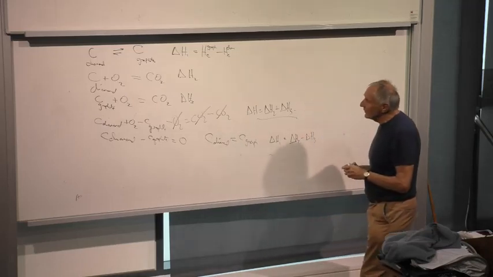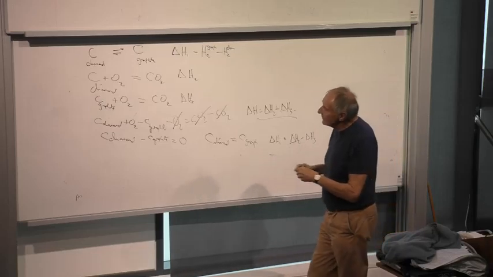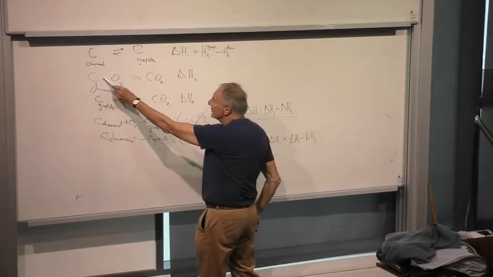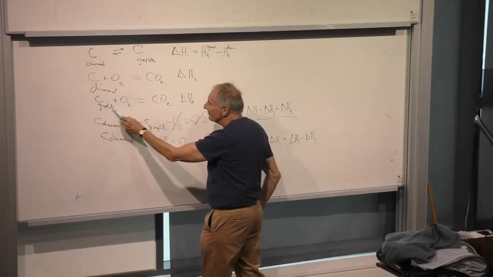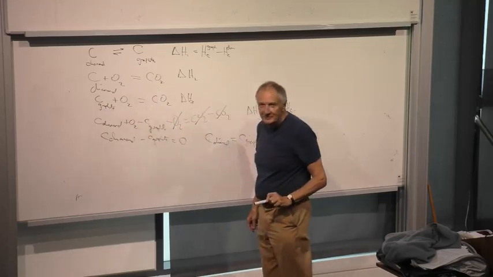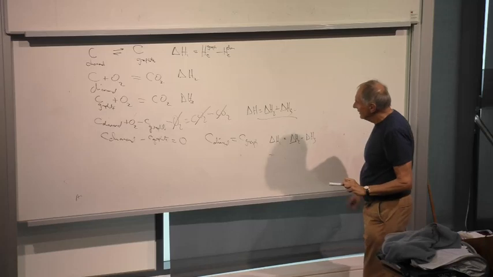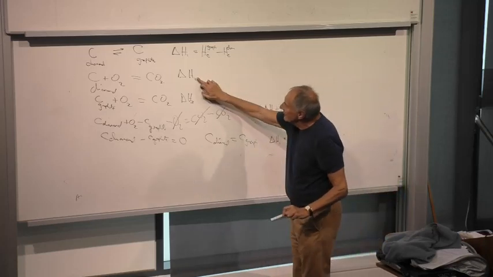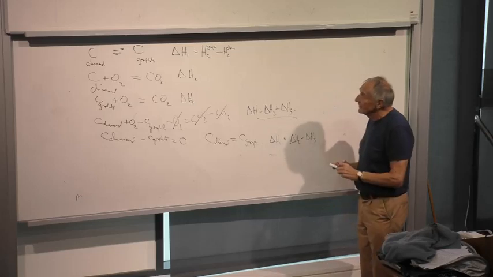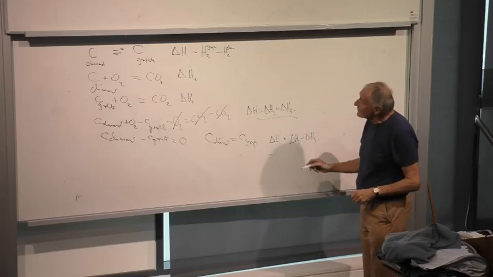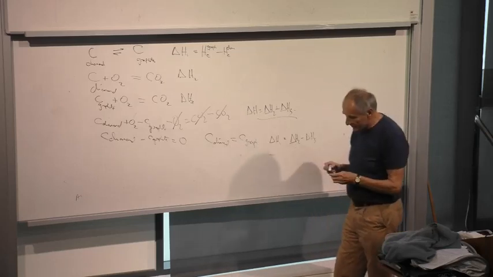In words, what we've done is we've taken diamond, turned it into CO2, taken our CO2 and turned it back into graphite. That's that enthalpy plus and that enthalpy minus here. And what we end up with, of course, is what we wanted, which is diamond versus graphite.